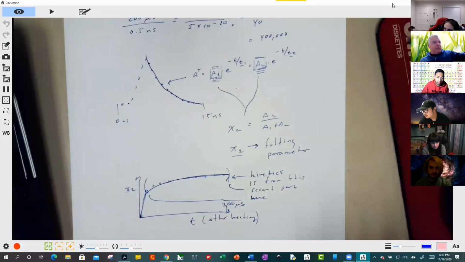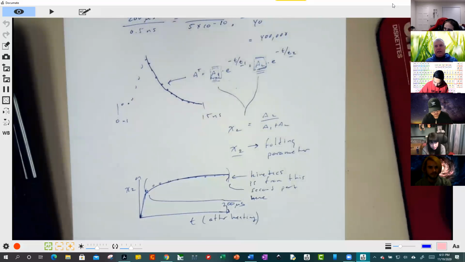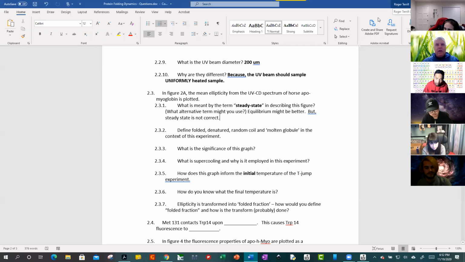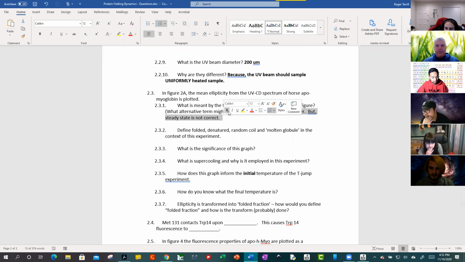So what we can do is go back and answer some of the remaining questions in the text. There's some stuff about guanidine and these other so-called steady state measurements. So what is meant by steady state? Well, you can just say equilibrium might be better, but steady state is not absolutely correct.